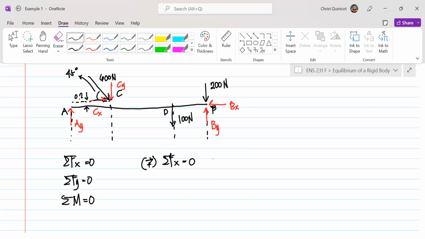So that is 600 cosine 45 degrees minus B sub x is equal to 0.